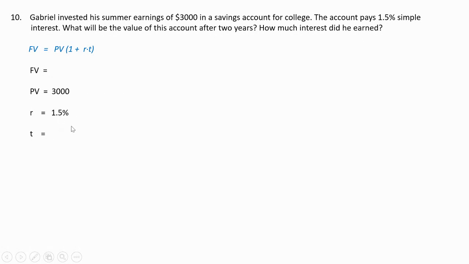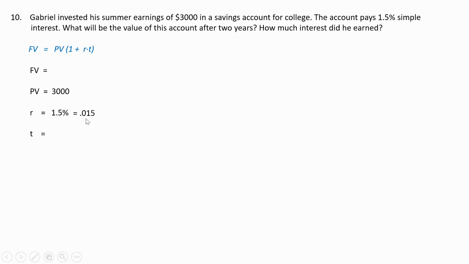And here's something that you can observe. Anything that has a percent will be your R. But one thing that you have to know is that the interest rate must be in decimal. You can do it two ways here. You can divide the 1.5 by 100 and put it in the calculator, or you can move the decimal point 2 places to the left and drop the percent symbol.